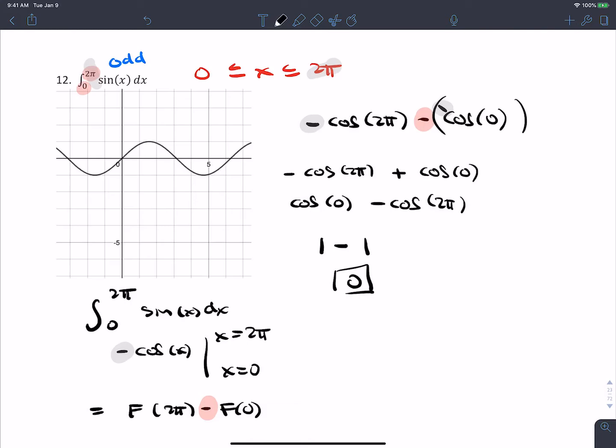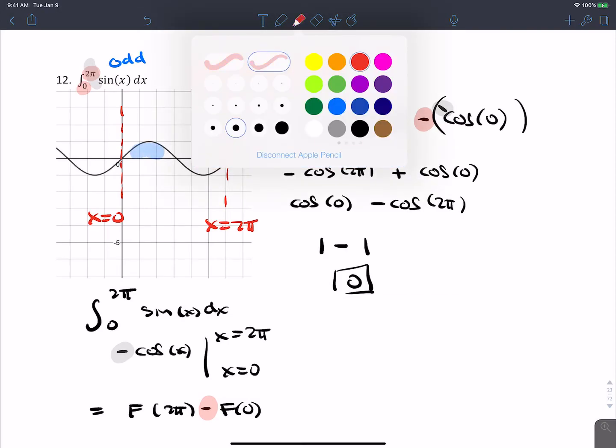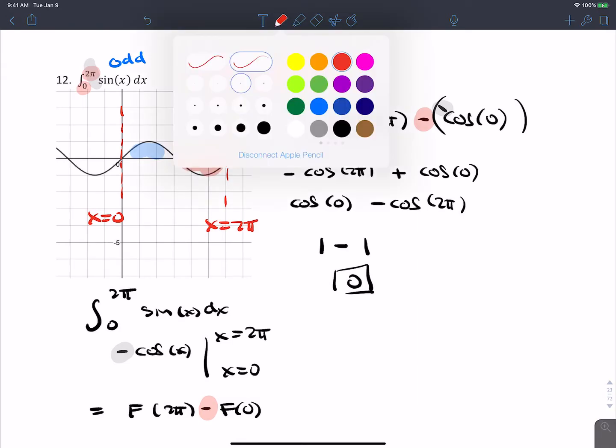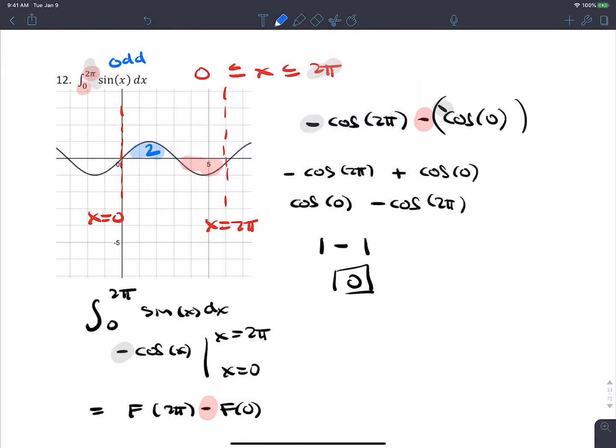Okay, let's make sure. That x is 0. Where's 2 pi? It's over here, right? So let's see, what's the blue area? What's the red area? We've already seen from a prior problem, this is 2.